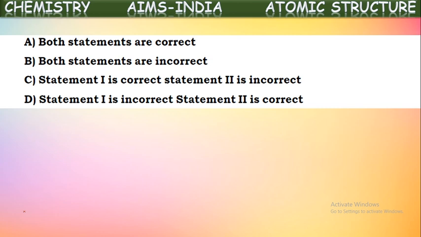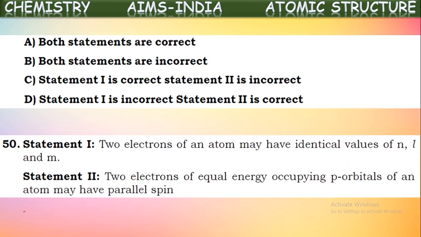Okay. Next question. Two electrons of an atom may have identical values of n, l and m values. Isn't it? Yes. Two electrons in an atom may have three quantum number values the same, that may be n, l and m.